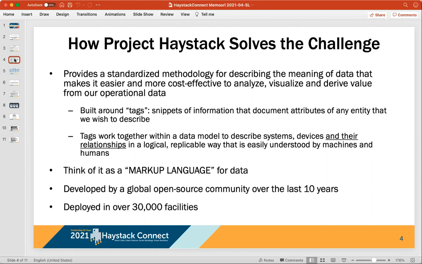And so the standard and the libraries and the tag libraries and ontologies that have been developed came from collaboration of hundreds of people around the world. There are thousands of people who are part of the organization, but hundreds of people actively working to solve this problem.